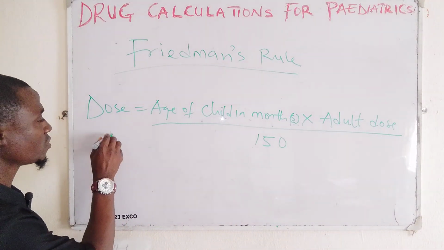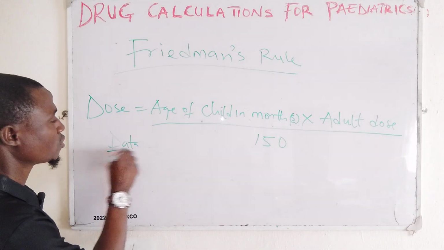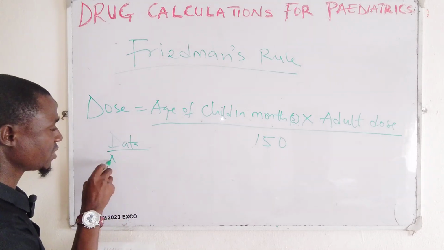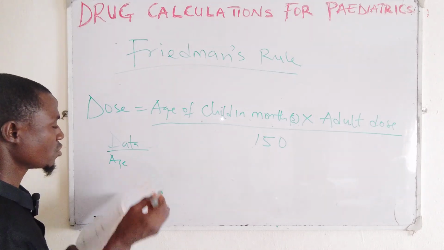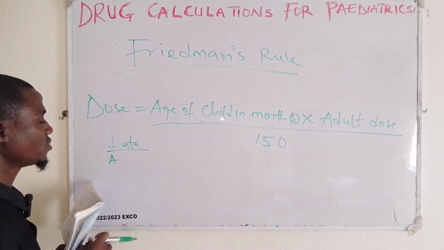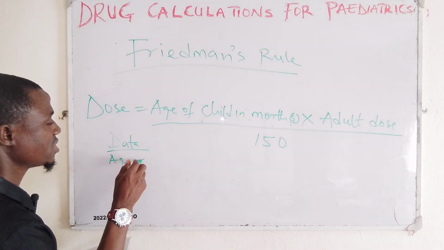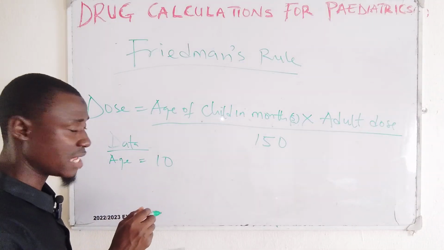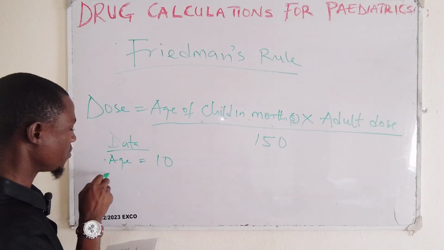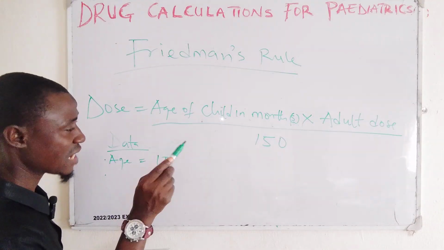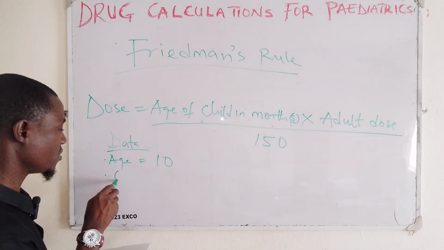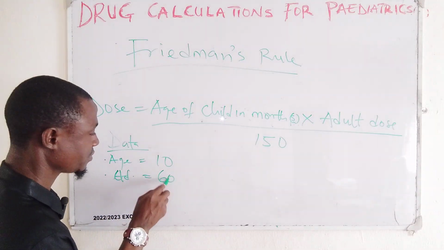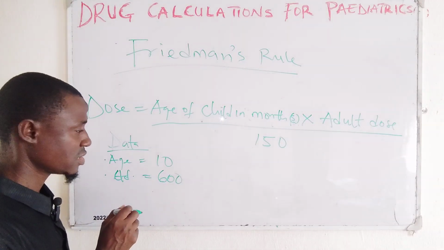Now, from the information we have obtained from this question, the first information is the age of child. Age of the child has been given to us, but this time around, age is in months, and we have 10 months as the age of the child. Then the second important information here is the adult dose of aspirin, which was given to be 600.